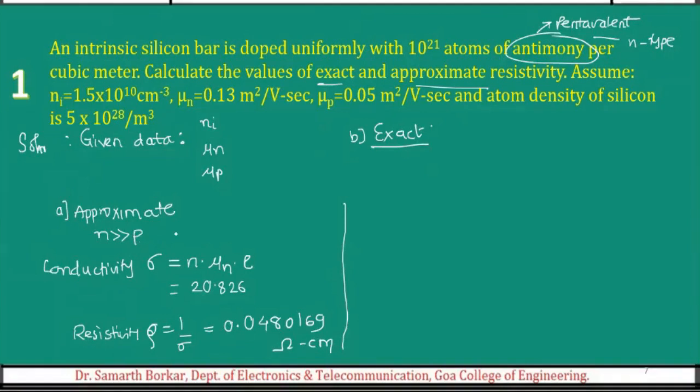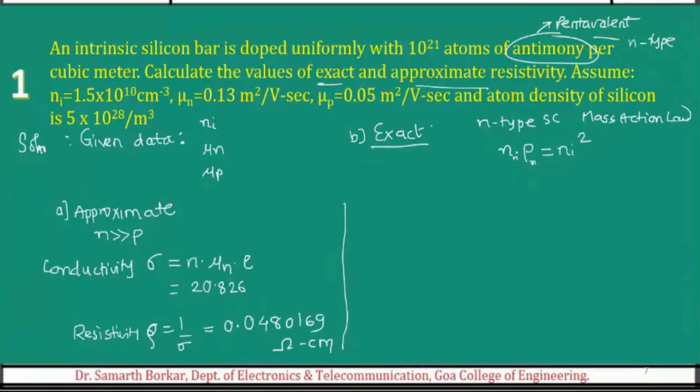Now if you recollect the mass action law, what it states: in an n-type semiconductor, the product of electrons and holes is equal to ni squared. This is from the mass action law. Since we are dealing with an n-type semiconductor, we are going to use the subscript n here. What writing small n means is the number of electrons in the n region, and pn the number of holes in the n region.